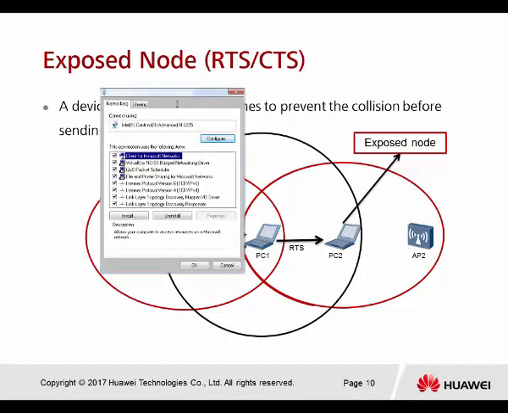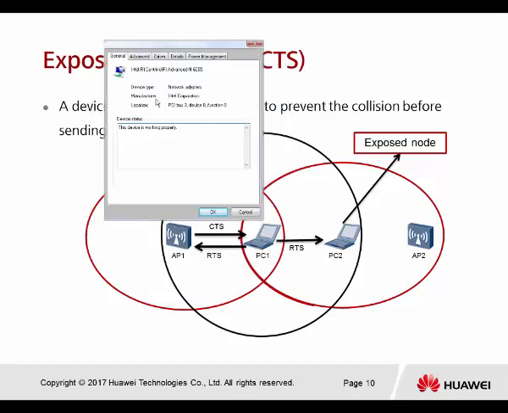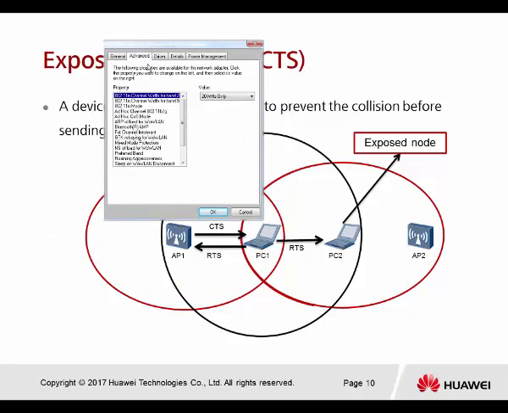Okay, so this one is the wireless card properties. Now I'm entering this wireless network card. I go to configure and I select advanced.